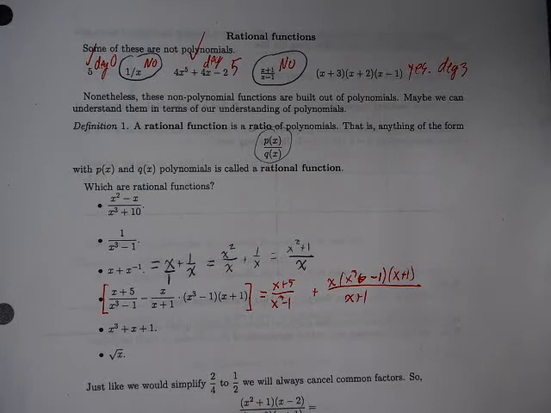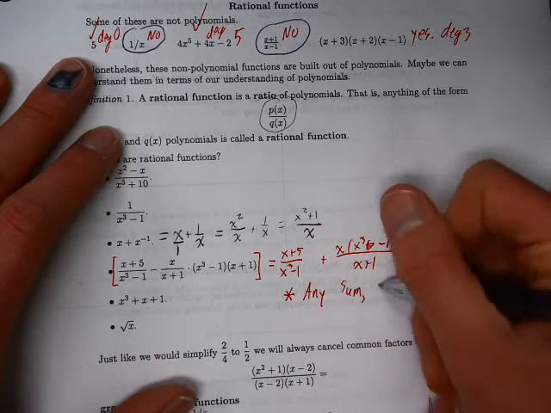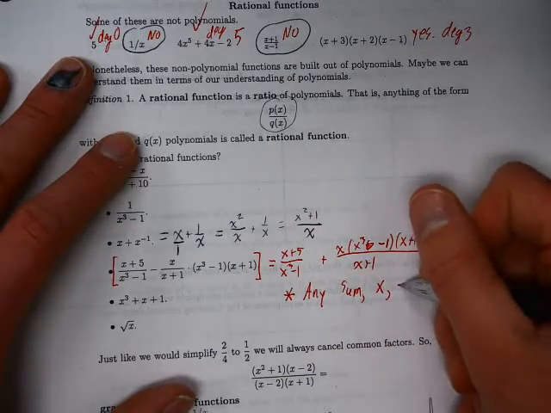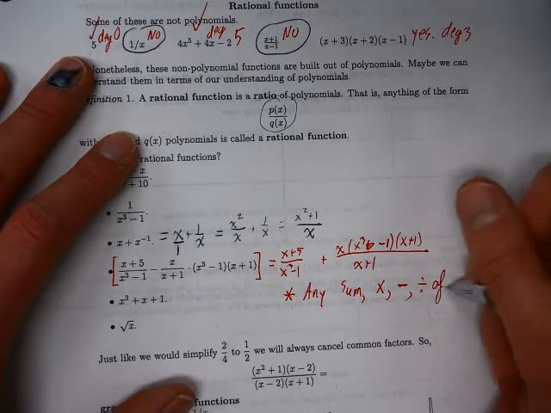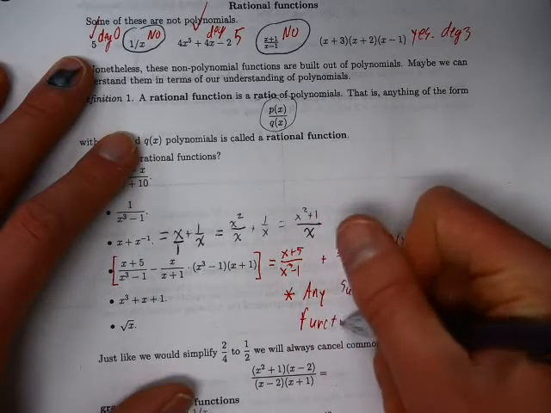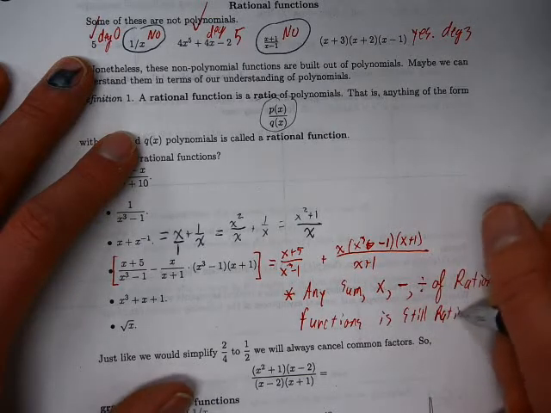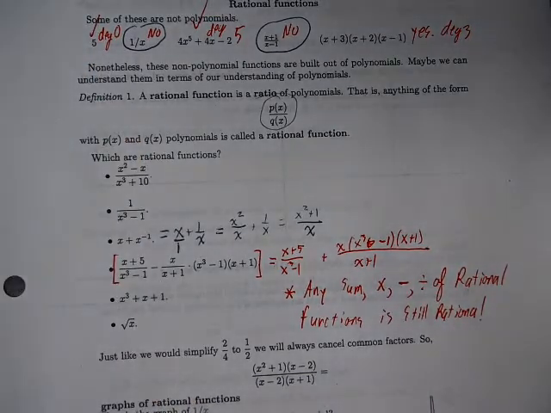But if you were to imagine doing that, would you still get a rational function? Yeah. So in fact, any sum, product, subtraction, or division of rational functions is still rational. So even things that might look pretty complicated, as long as it's just the variable x and some algebra, plus, minus, multiply, divide, it's a rational function.